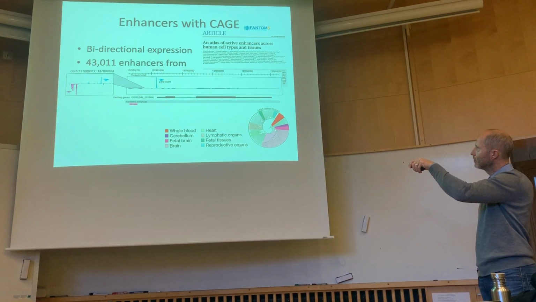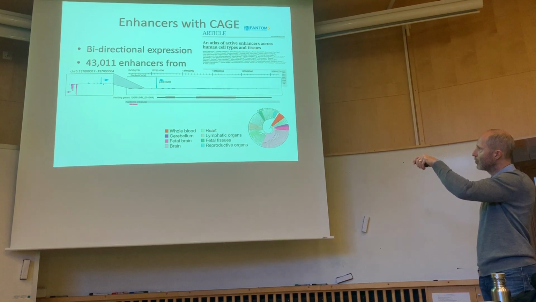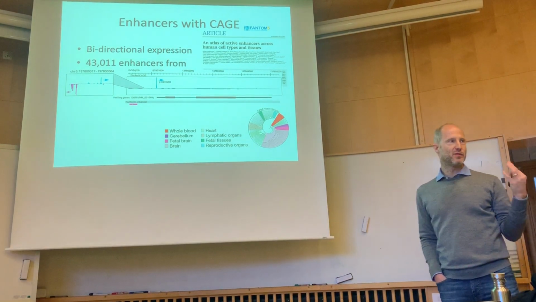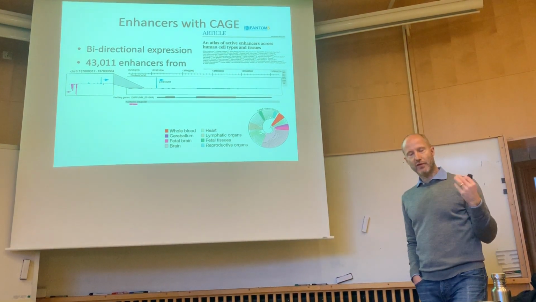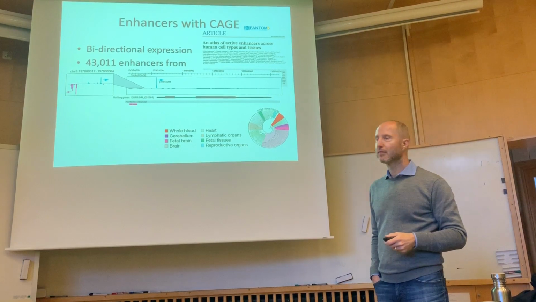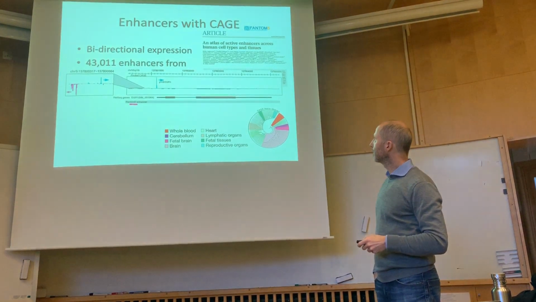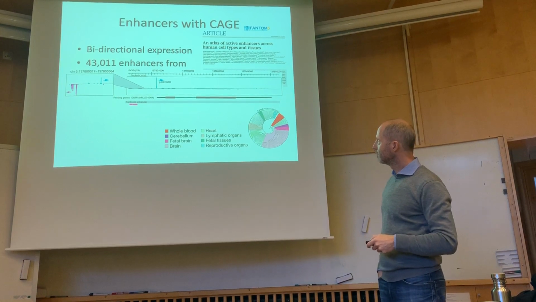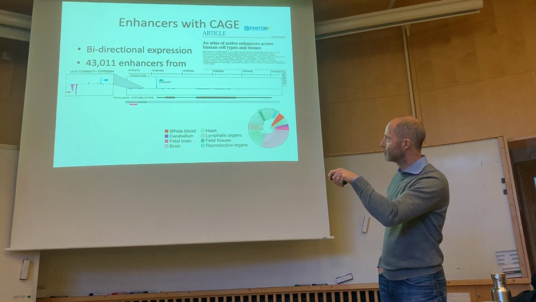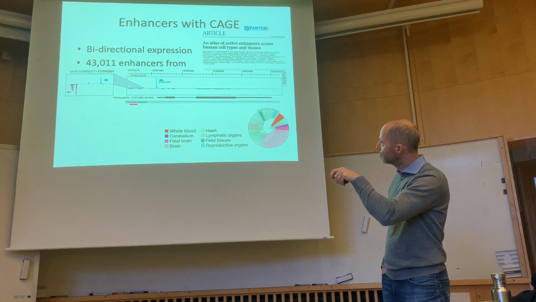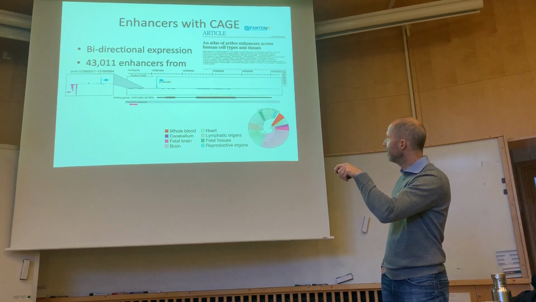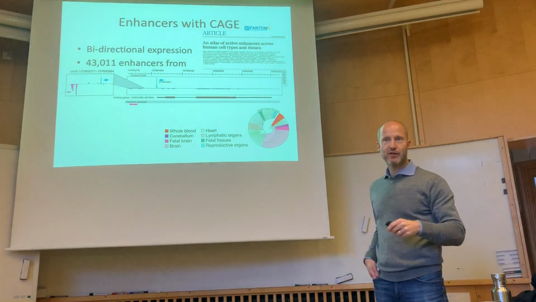You have cerebellum brain, and fetal brain looks a bit different. So you can actually give tissue specificity for these enhancers. We call this bidirectional expression. And what you also see is that these are very lowly expressed, whereas the gene itself is rather highly expressed.